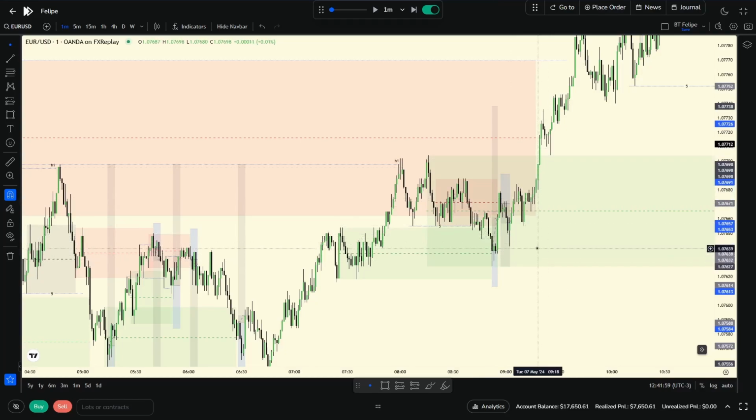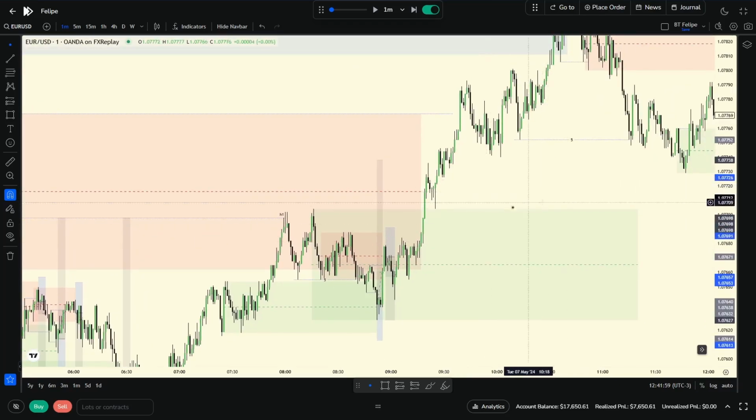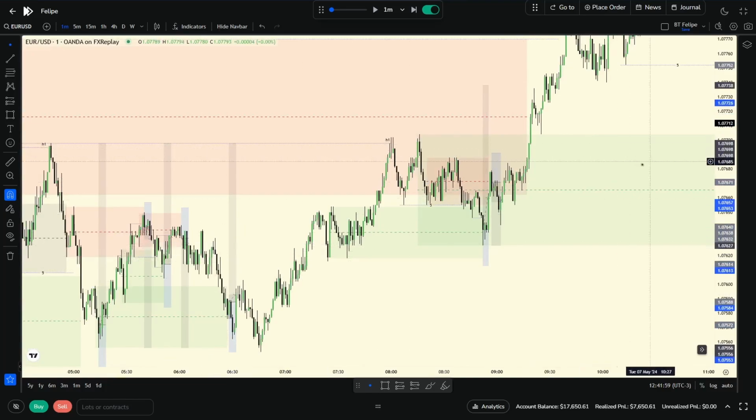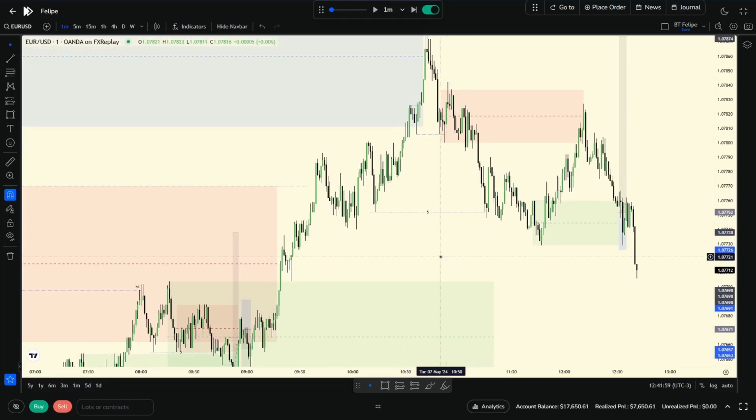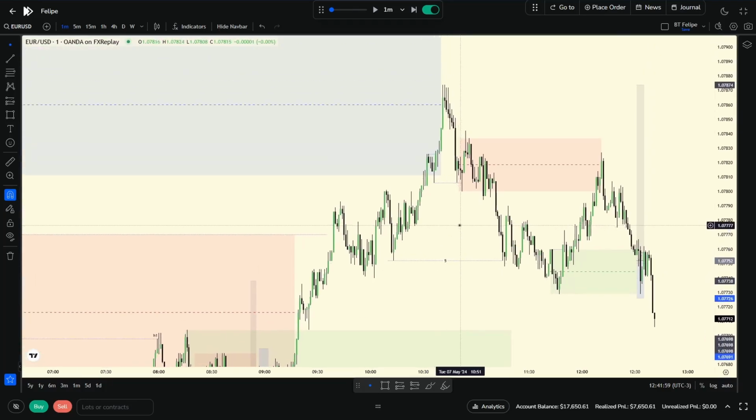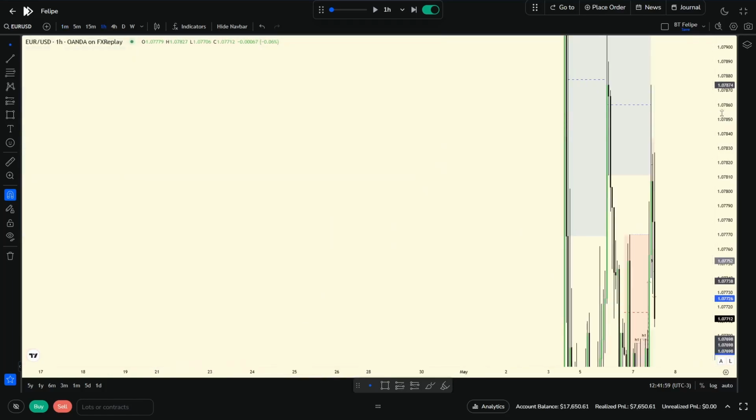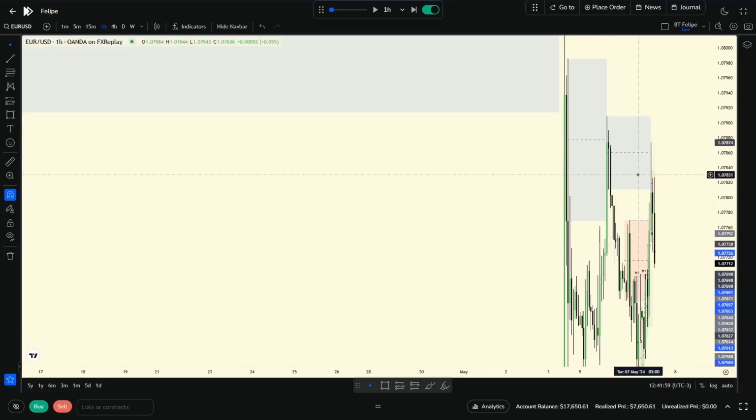The short was also okay. Maybe price was going to go down a little bit more, take these lows to then go up. So this short was fine. It was the same one as this. And here I got a little bit confused. Tap the POI, the imbalance. That's why it's important to mark the imbalance, the high time frame imbalance.